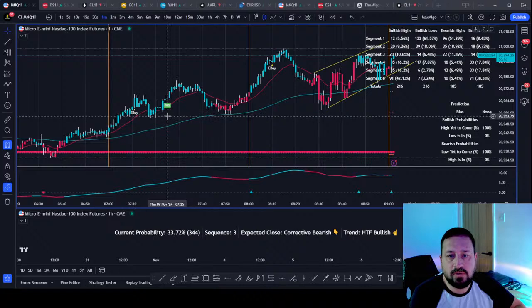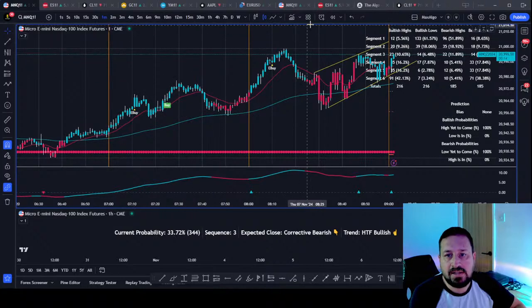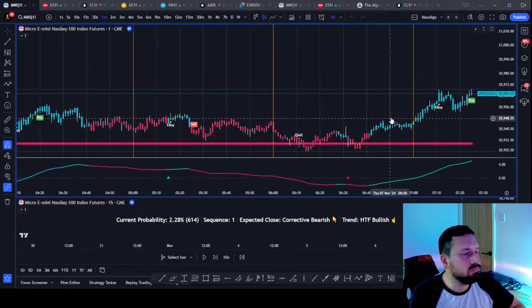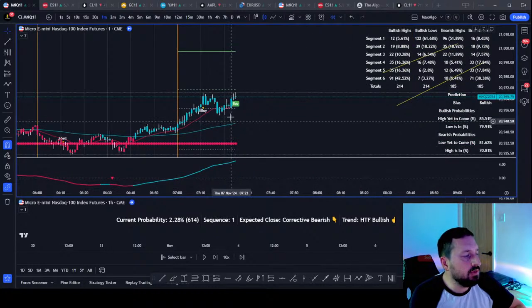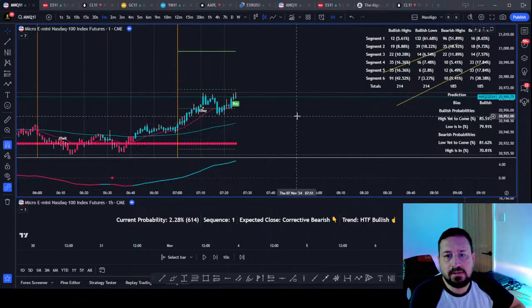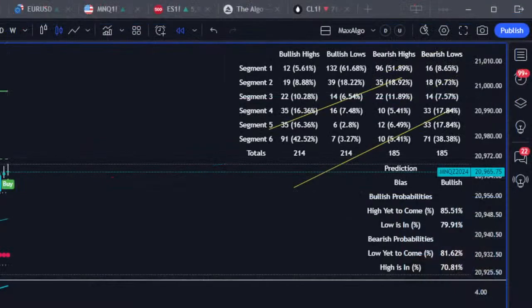But so, for example, here, if we replay it to this, you had a 79% probability that our low is in. Yeah, so we're looking at bullish because we've got to buy. 79% our low is in, and 85% probability our high is still yet to come.